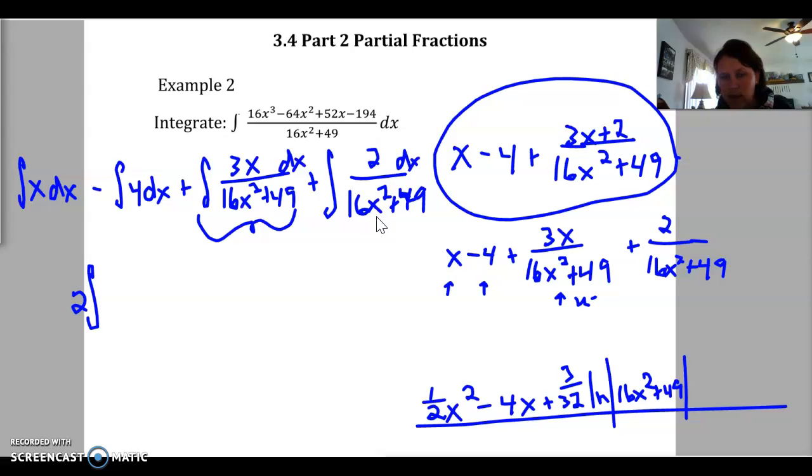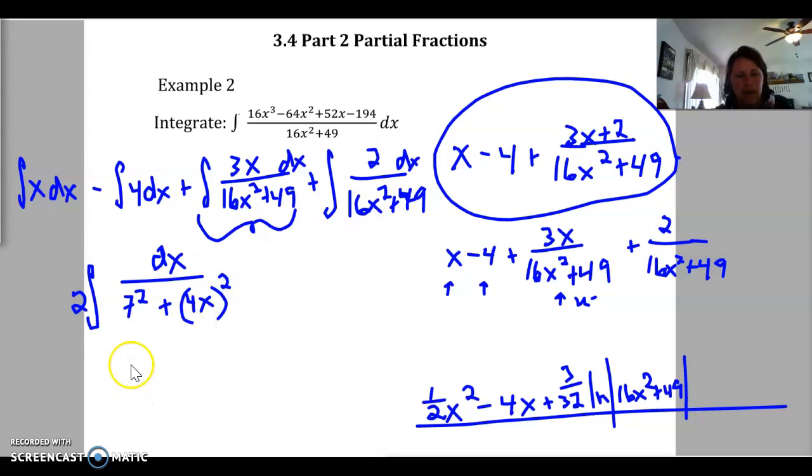So we have dx over, and they have theirs written backwards, so I'm going to go ahead and write it that way. 7 squared plus (4x) squared. Okay, so hopefully that will be a little easier when we follow through on the arctangent.